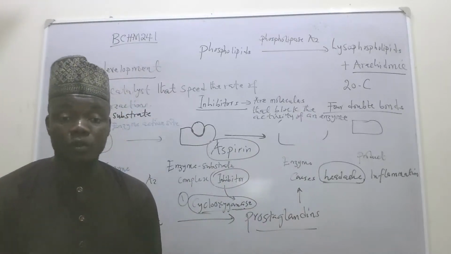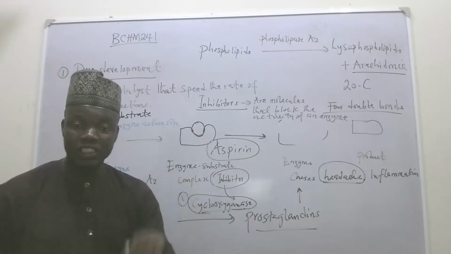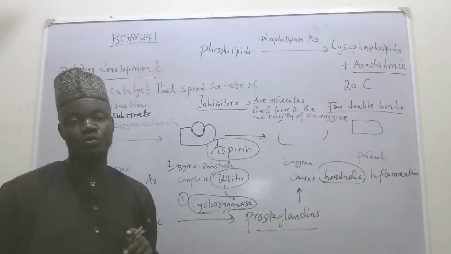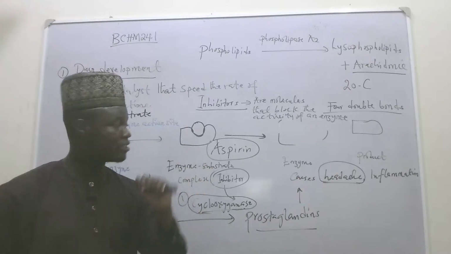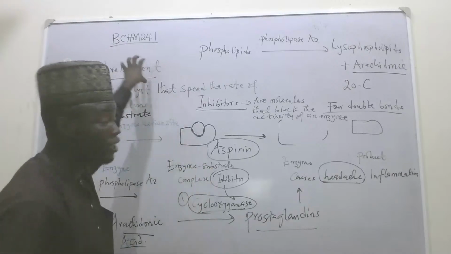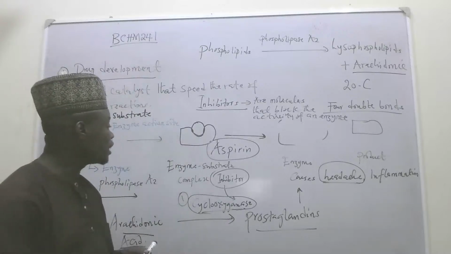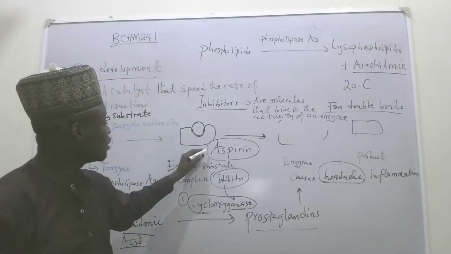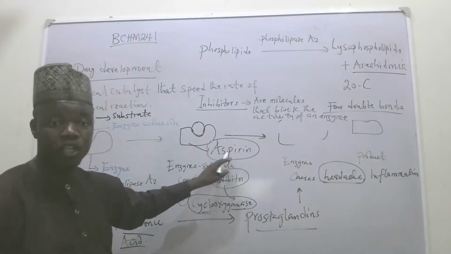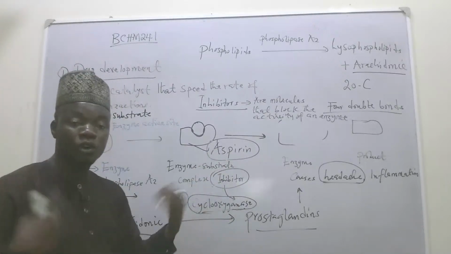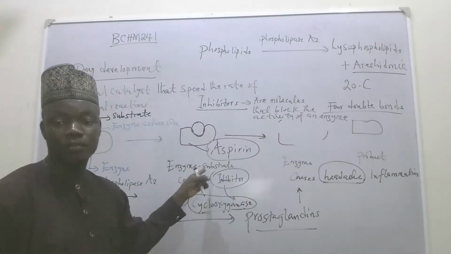And let me give another example because it's part of the questions that we are also going to answer next. Still on drug development, from this past question paper there is one question that asks the mechanism of action of aspirin. I have already answered this, so when we come to the questions, I will directly refer you to here.